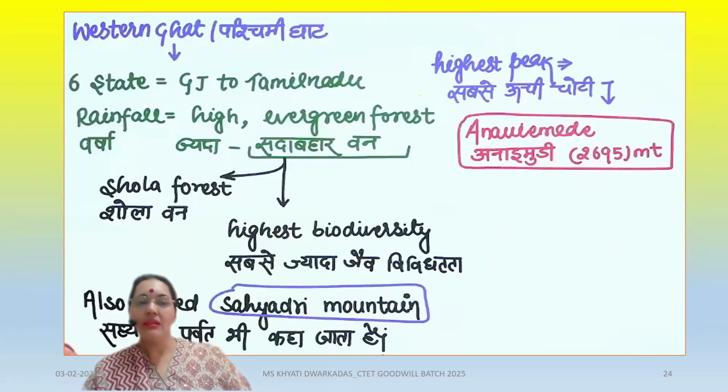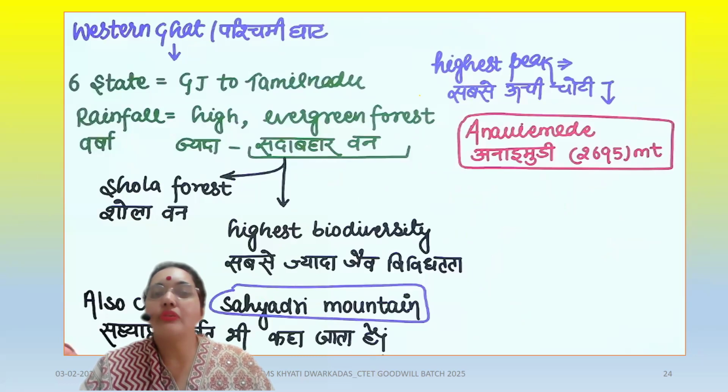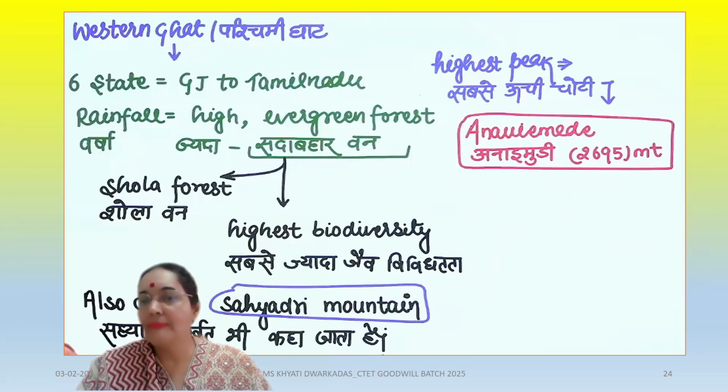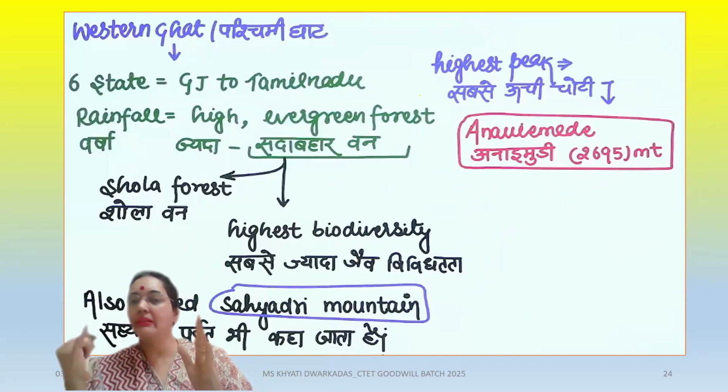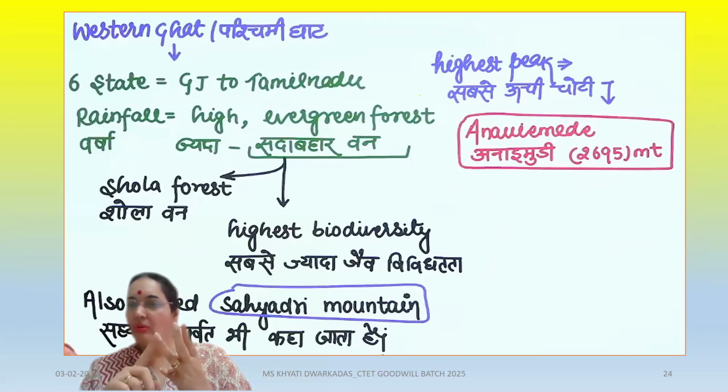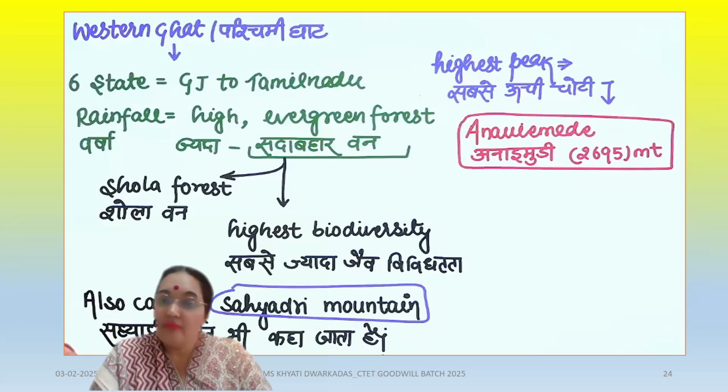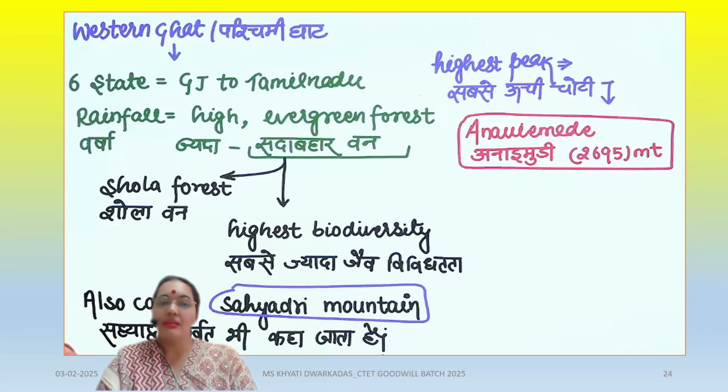Now, the Western Ghats go through six states: Gujarat, Maharashtra, Goa, Karnataka, Kerala, and end in Tamil Nadu. There is very high rainfall on the Western Ghats.